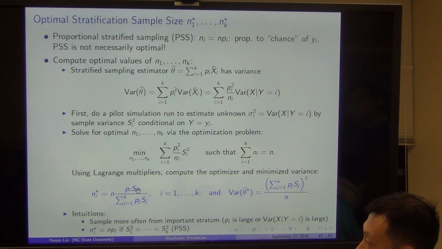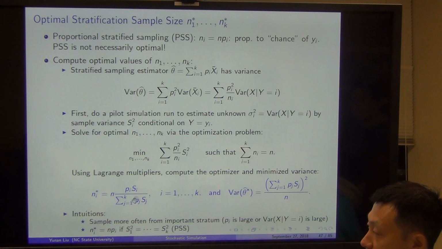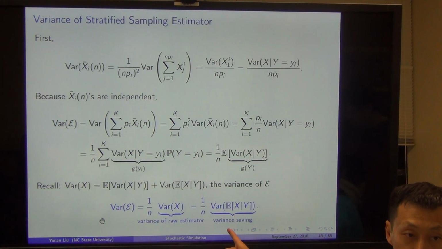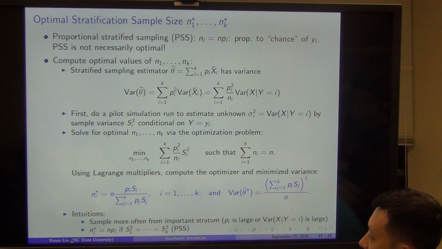So if si is the same, then you cancel out the si, you have pi over 1, and that's the proportional stratified sampling. But in general, this is the optimal. This is better, right? So this variance saving we showed earlier is sort of a minimum reduction that we can achieve. We can do better than this if we want to. Okay. So, right, if the variances are the same, PSS, right? PSS is what? Proportional stratified sampling.